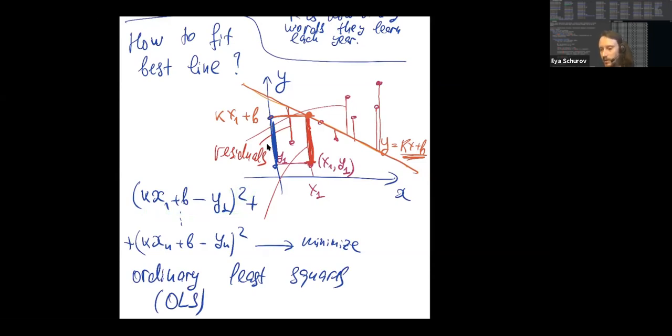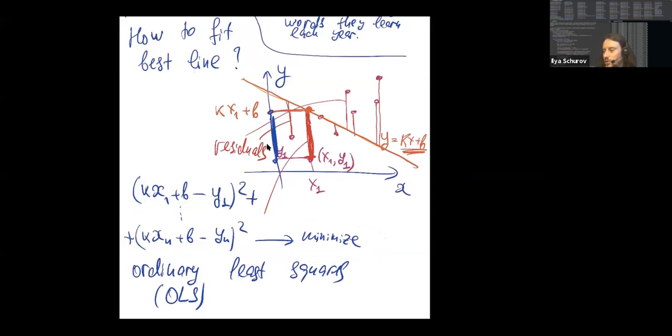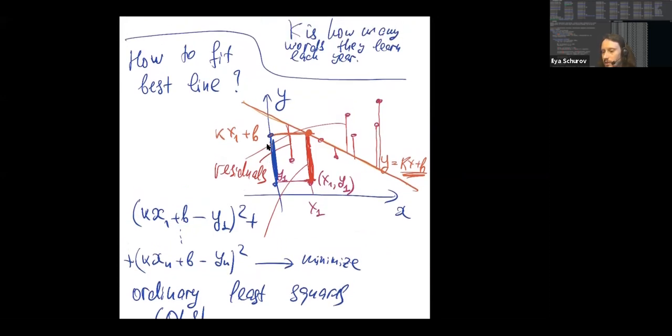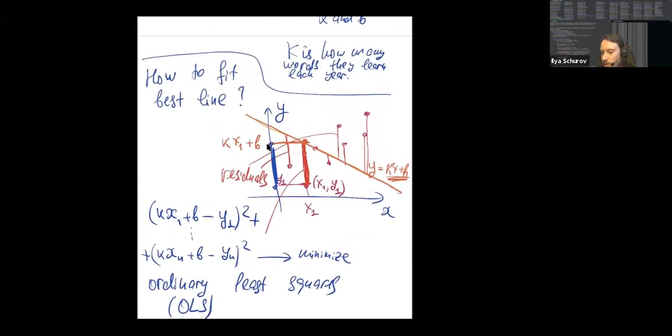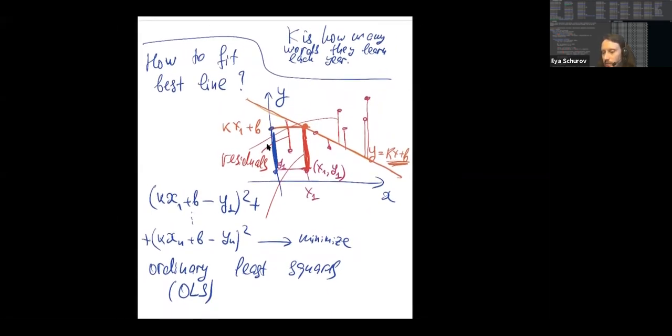And again, it is not very difficult from a mathematical point of view to provide exact formulas for these values k and b that will minimize this sum. But we will not waste our time in finding this formula because it is already implemented, of course, in our package, and we will just use it.